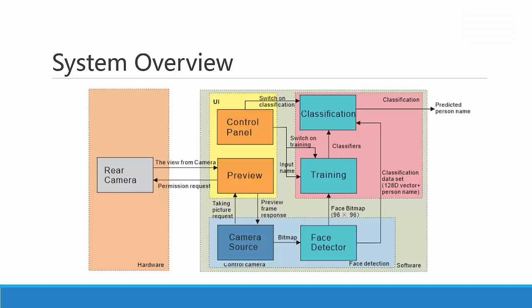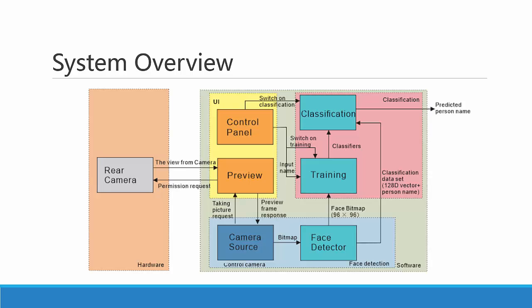Then let's see how our FaceNet Android application works. This diagram shows the system structure of our FaceNet Android application. Once the application is started, the rear-facing camera will continuously send preview images, and then the camera preview is continuously shown on the screen.